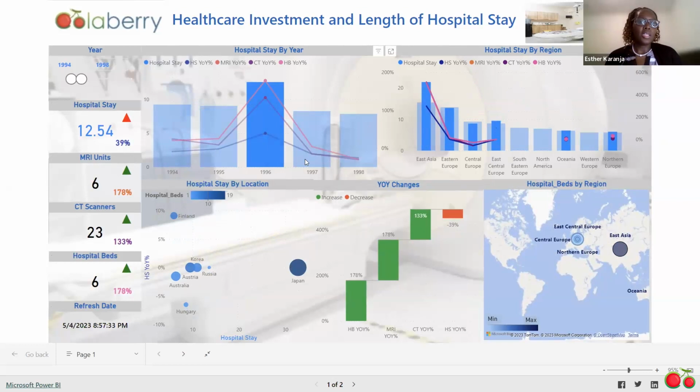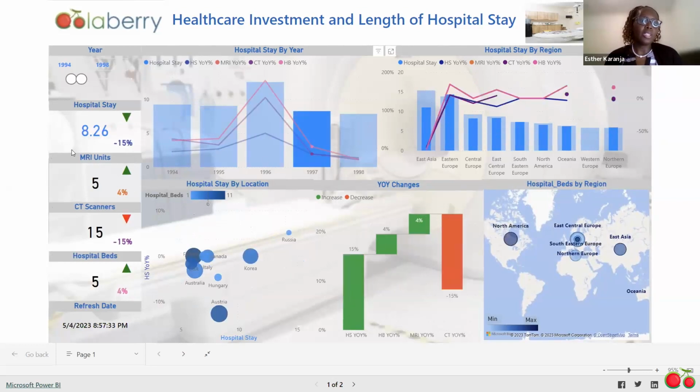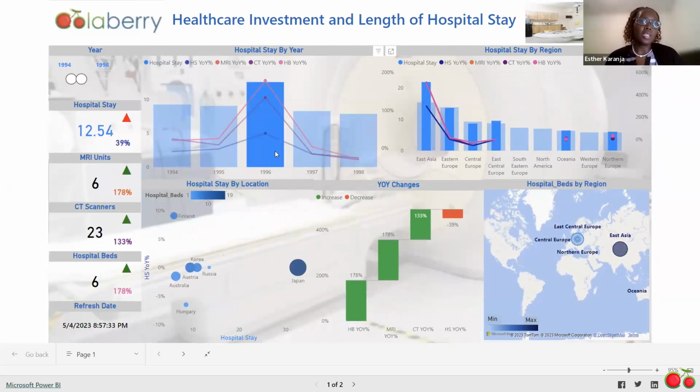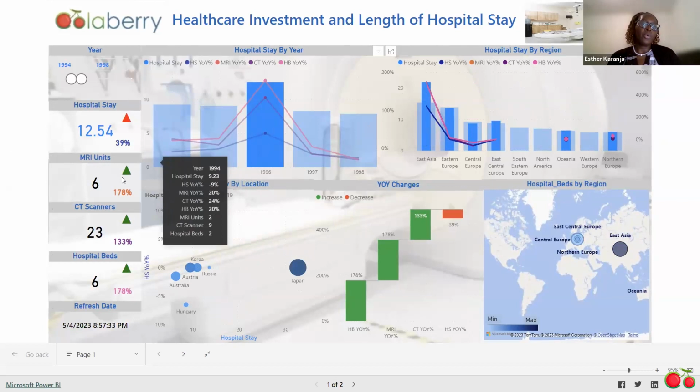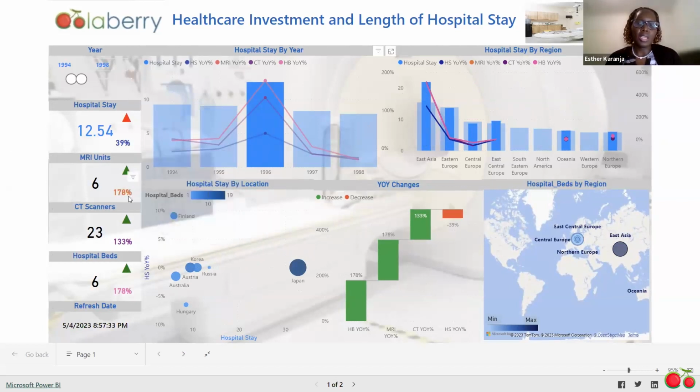And in 1997, the hospital stay was 8.26. Now, as we can see, in 1996 there were major investments, and these happened in East Asia. So there was an increase in investment in MRI units, CT scanners, and hospital beds.